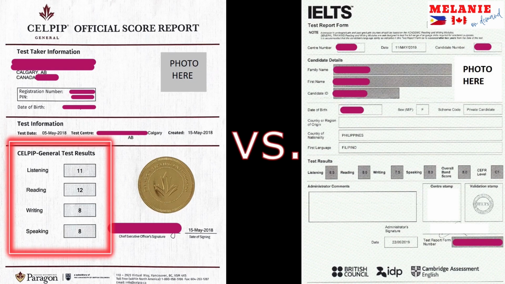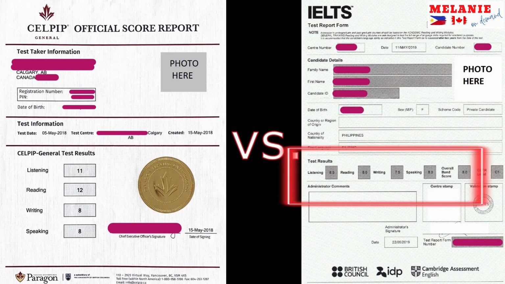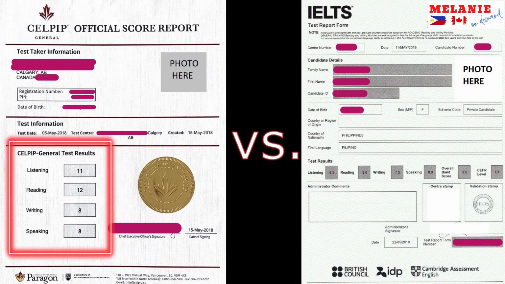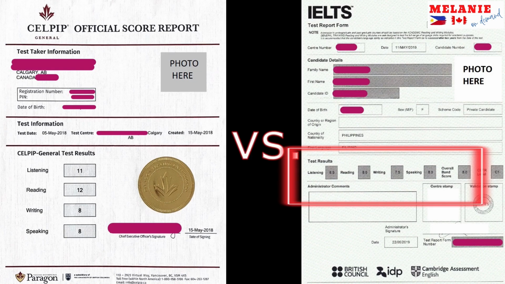So the grade here in CELPIP is in terms of CLB level, while here in IELTS, it's by IELTS band score. CLB level is by a factor of 1. So 12, 11, 10, 9, 8, while IELTS have a half point mark, 0.5, for each band score. So you can get like 8.5, 7.5, or 6.5.